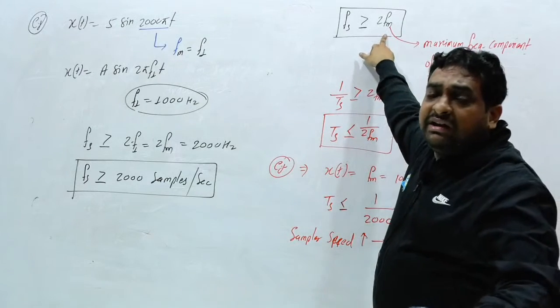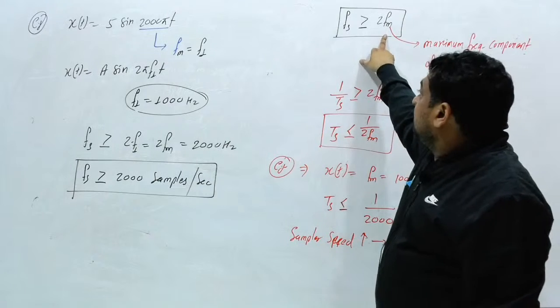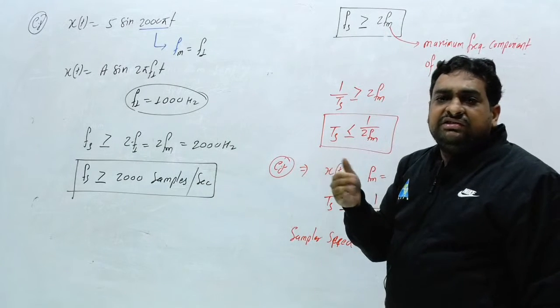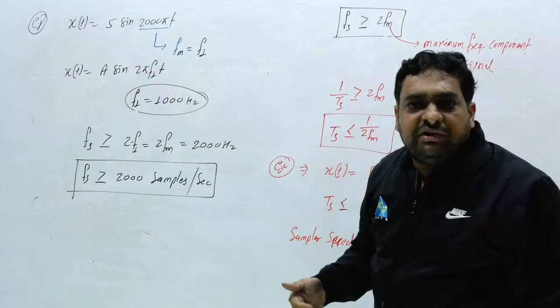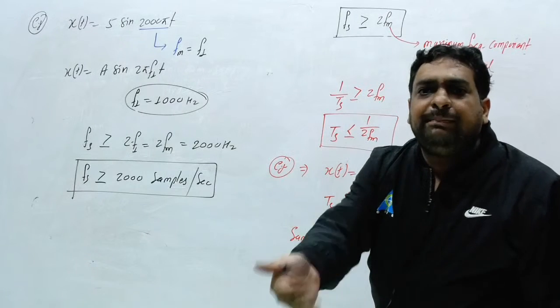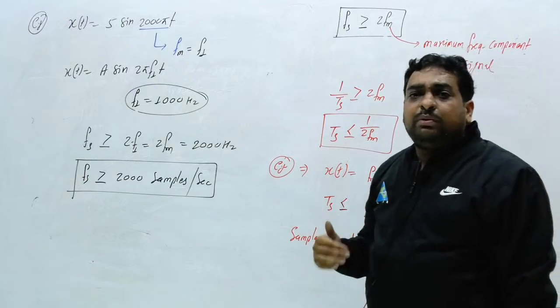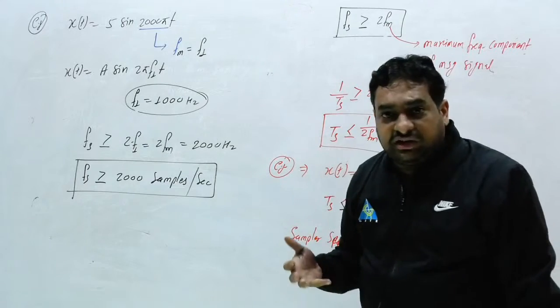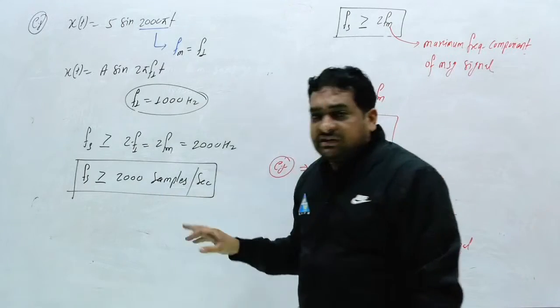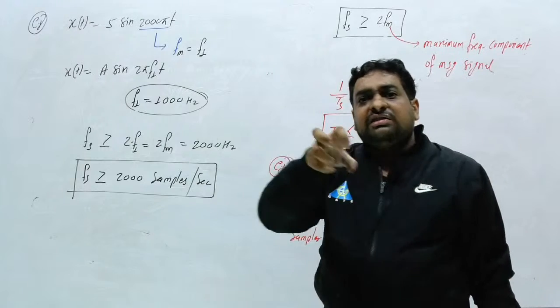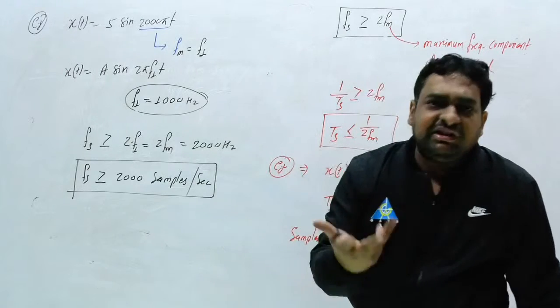In most previous year questions, your sampling frequency is just 1.2 times or 1.5 times the Nyquist rate. They will not provide 10 times the Nyquist rate. Suppose 2000 samples per second are required; if you collect 10,000 samples per second, you are wasting everything.